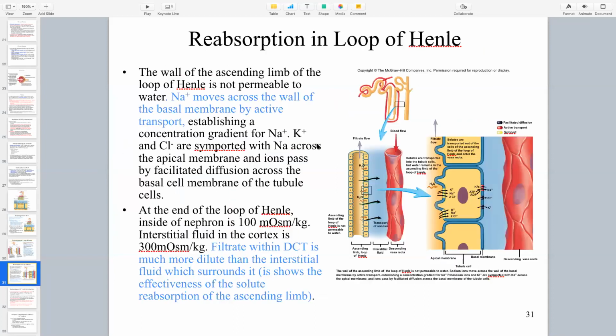Kind of crazy, but it is pretty crazy how quick it works too, right? In a couple days of giving you hydrochlorothiazide, almost immediately, these sodium and chlorine pumps get blocked. Because they get blocked, we no longer have very concentrated interstitial space.